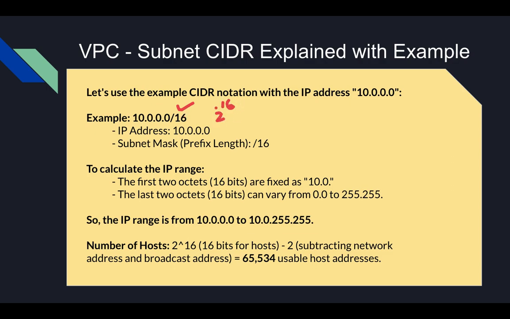So 2 power 32 minus 16 is the available, which is nothing but 2 power 16. That's why you can see 0.0 to 255.255. So that subnet mask is nothing but /16, with the first two octets fixed, and again it's 0.0 to 255.255.